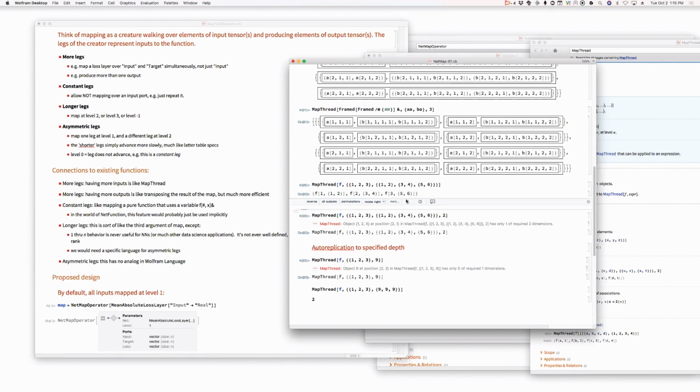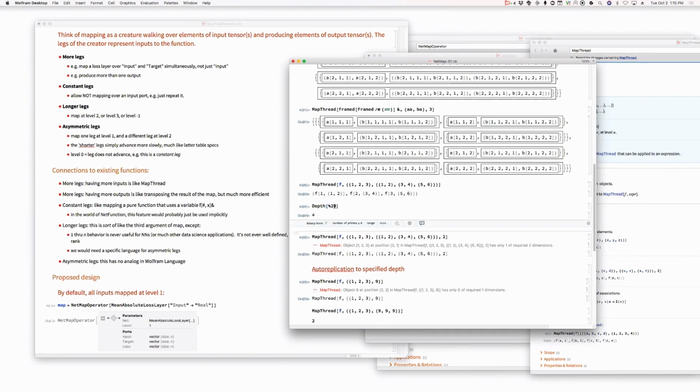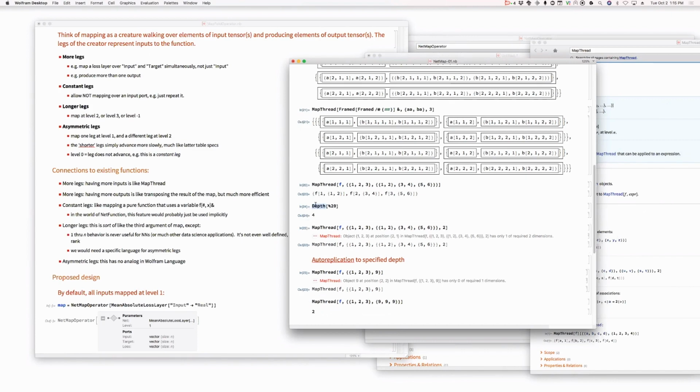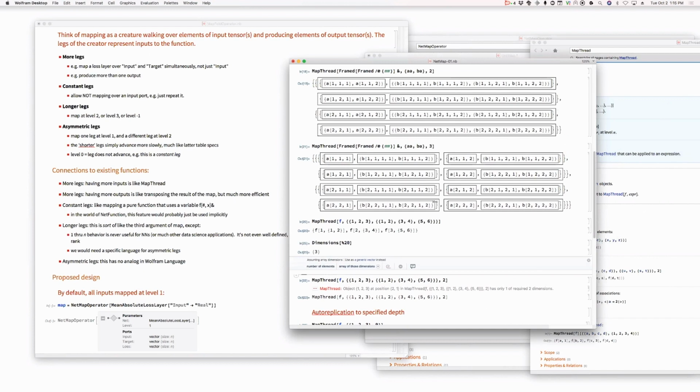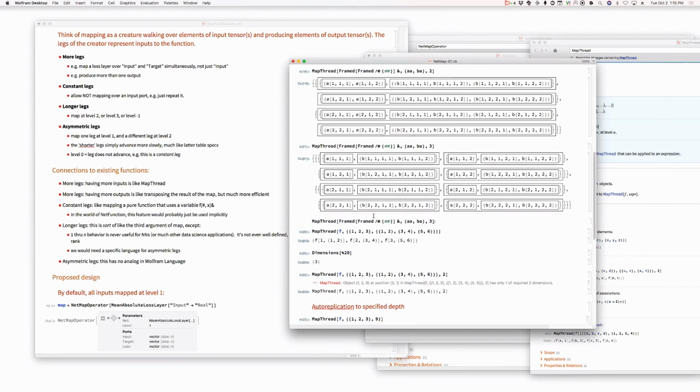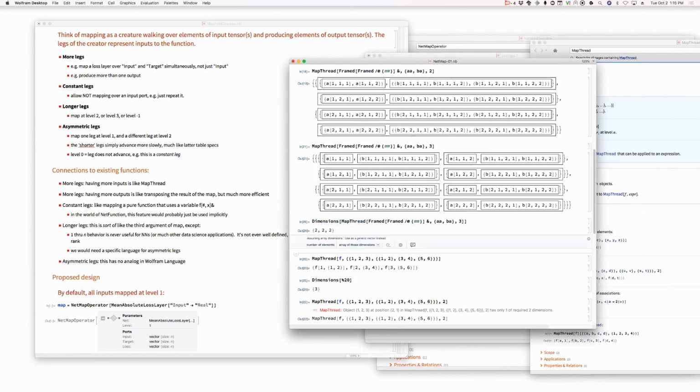So for example, this one here, I claim is obviously of depth... well, I mean its list depth, its dimensions. So the depth is the length of the dimensions. I claim here that the dimensions of this will be a thing of length 3, and I'm right.